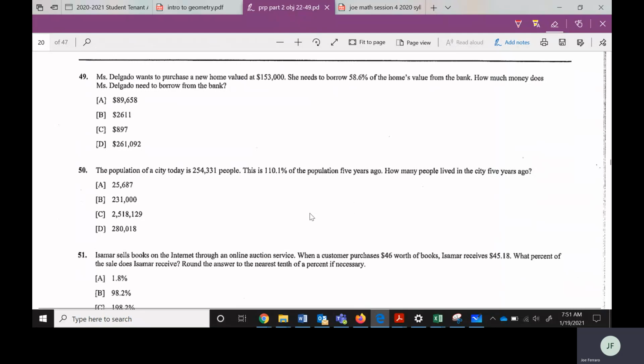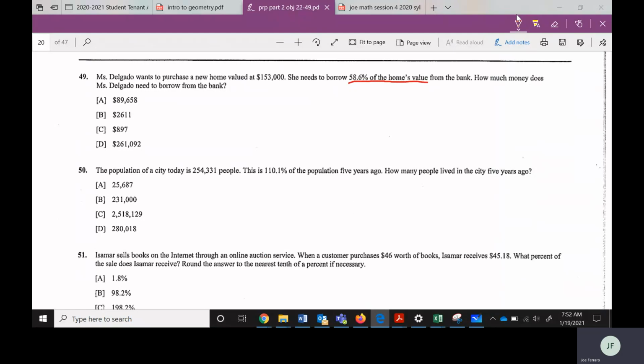So sometimes I look at the part of the sentence with the percent, and it says 58.6% of the home's value. So that's obviously the percent. After the word of is the home's value. Now, we don't know just by looking at this part whether it's what they're asking for or what they give us.